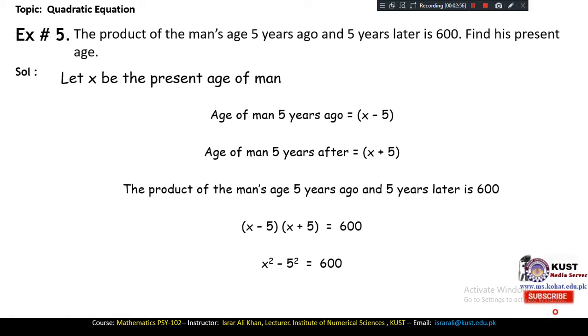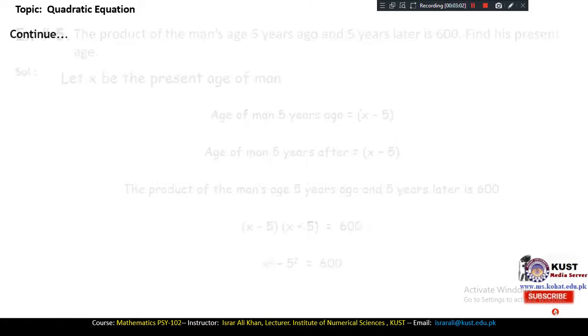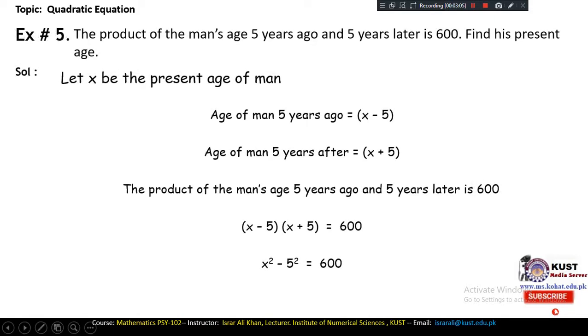The product of the man's age 5 years ago and 5 years later is 600, and we have to find his present age. Suppose x is the present age of the man. So 5 years ago his age was x - 5, and 5 years later his age will be x + 5. If we multiply these two, we get 600 as per the condition given in the question.